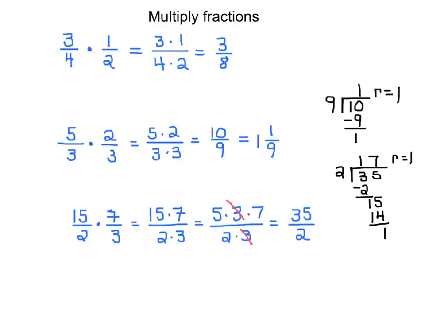So this fraction is equal to 17 with the remainder of 1 over 2. And there we have it. The product of 15 halves times 7 thirds is either 35 halves or 17 and 1/2.